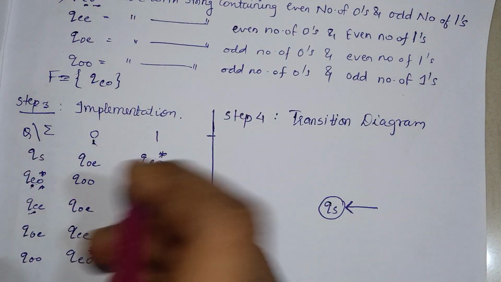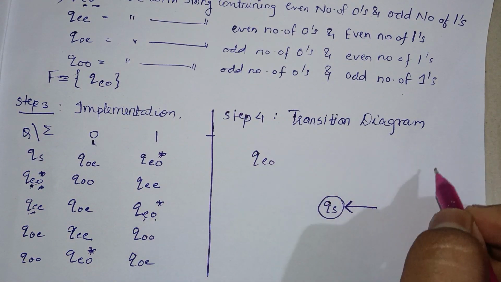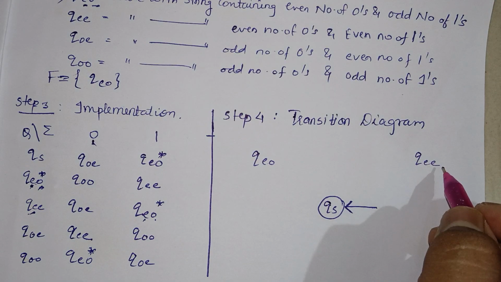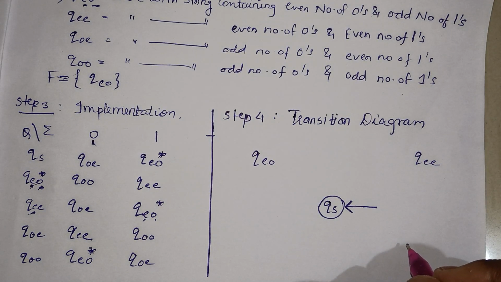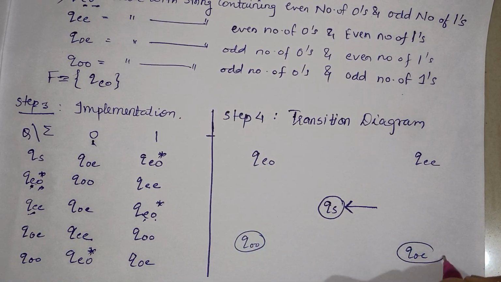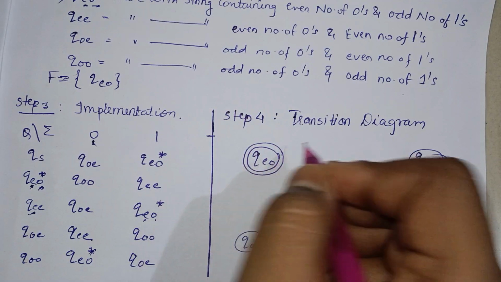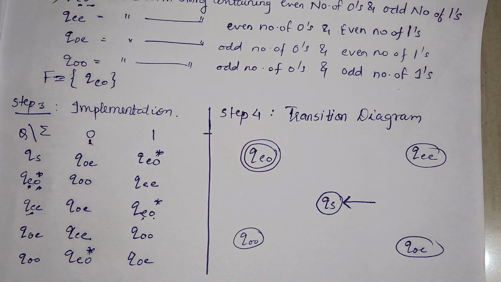Now I am making these 4 states here: QEO, QEE, QOE, QOO. Circle all the states. This is a final state, so we will give it 2 circles.